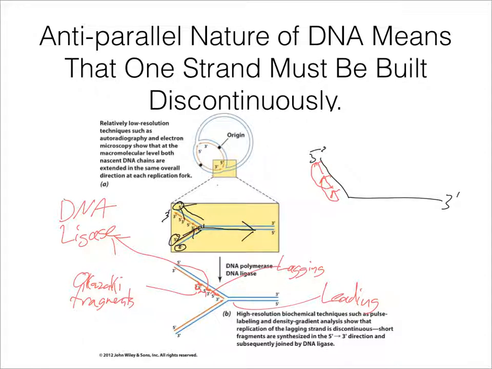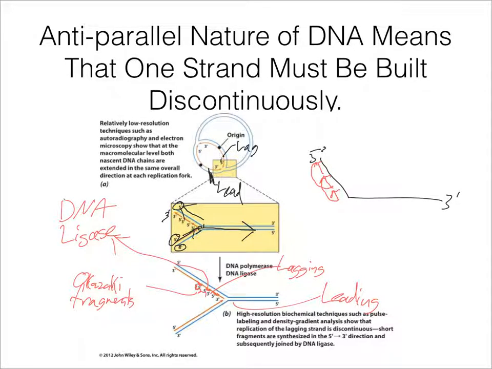So if we look at this strand here, that is going to be a leading strand, because, as you see, this end that you're building onto is the 3' end. So that means that this right here is going to be a lagging strand.